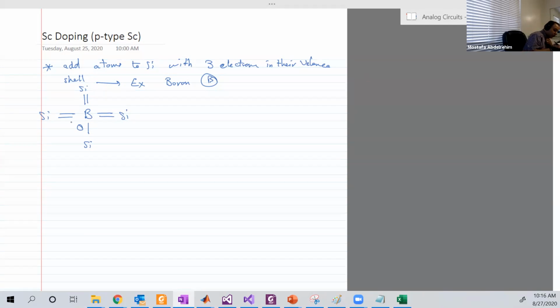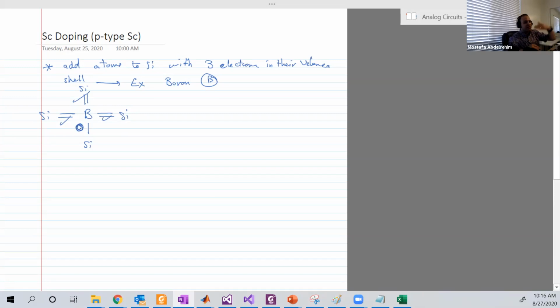This is similar to what happened with phosphorus, but with phosphorus, all the bonds complete and there will be an extra electron. Here, 3 bonds are complete, but one of them is incomplete. And this means that we have a hole here.